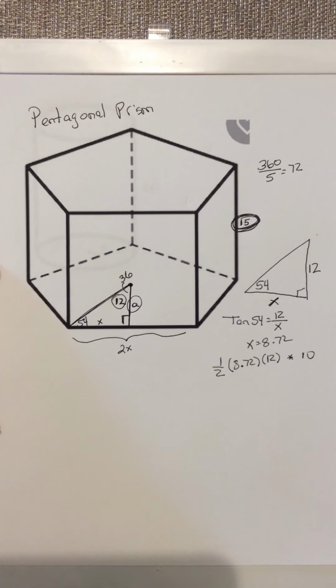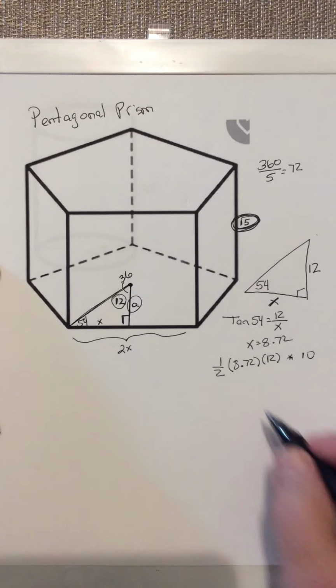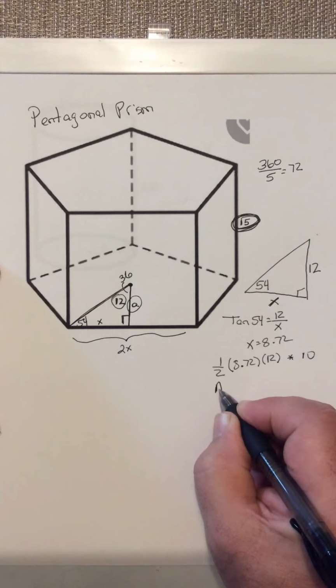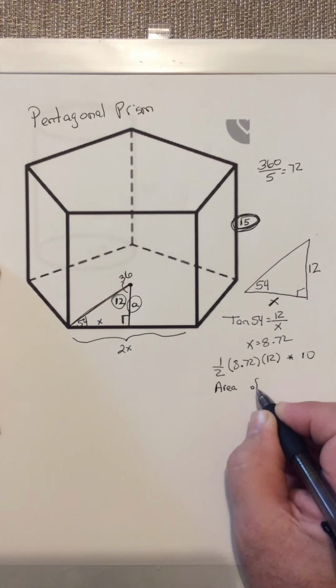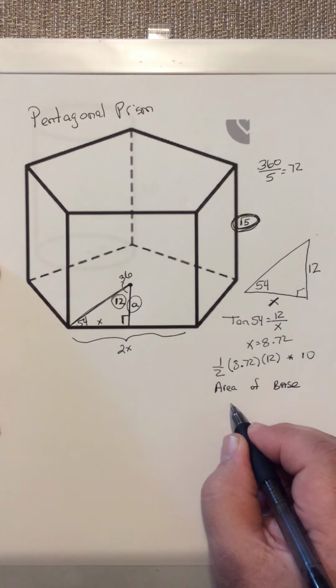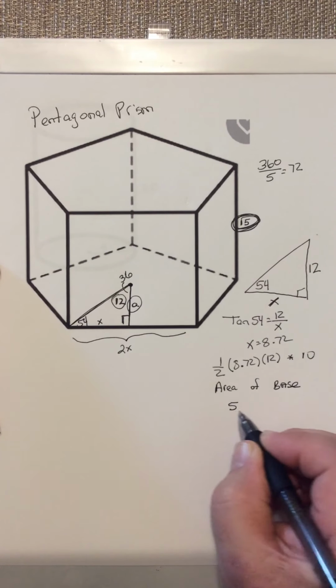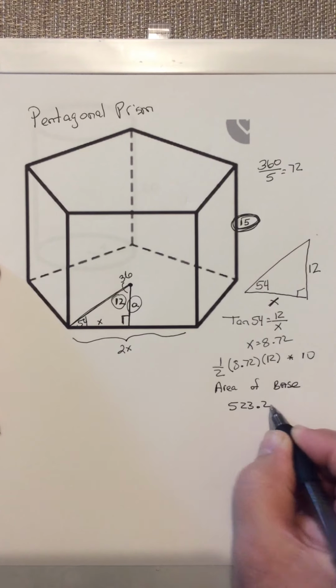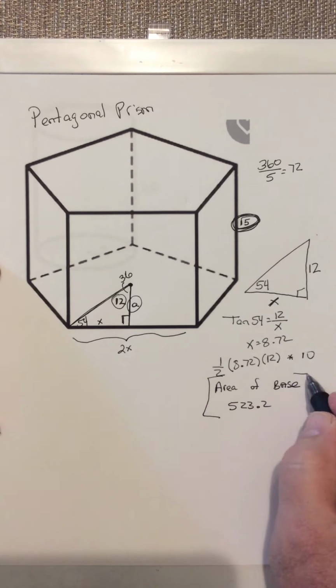So I'm taking 0.5 for 1/2 times 8.72 times 12 times 10 is 523.2. So the area of my base, which is capital B in our formulas, is 523.2. We're going to need that, okay?